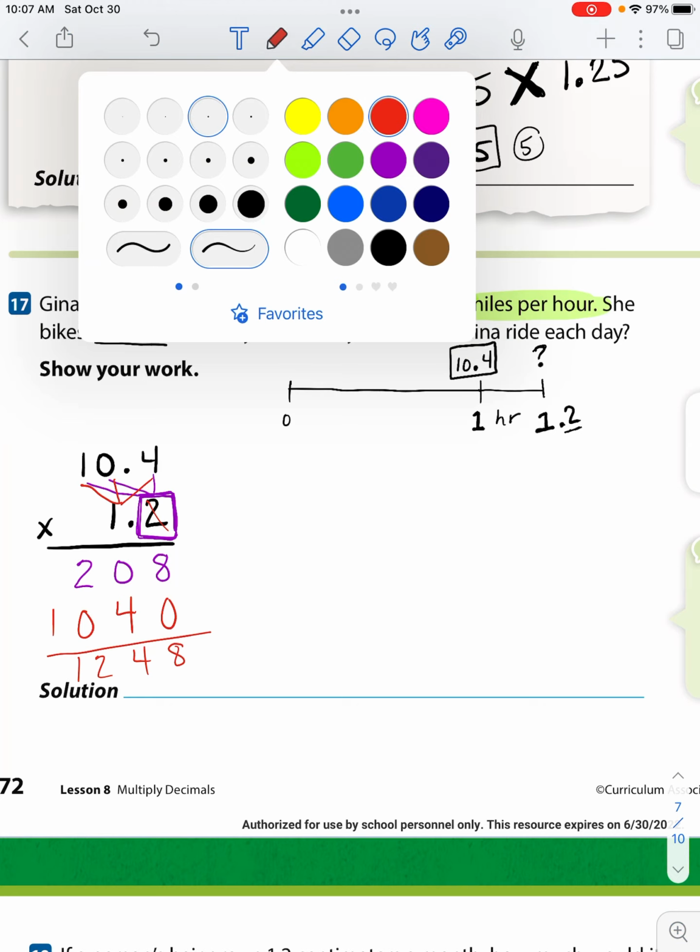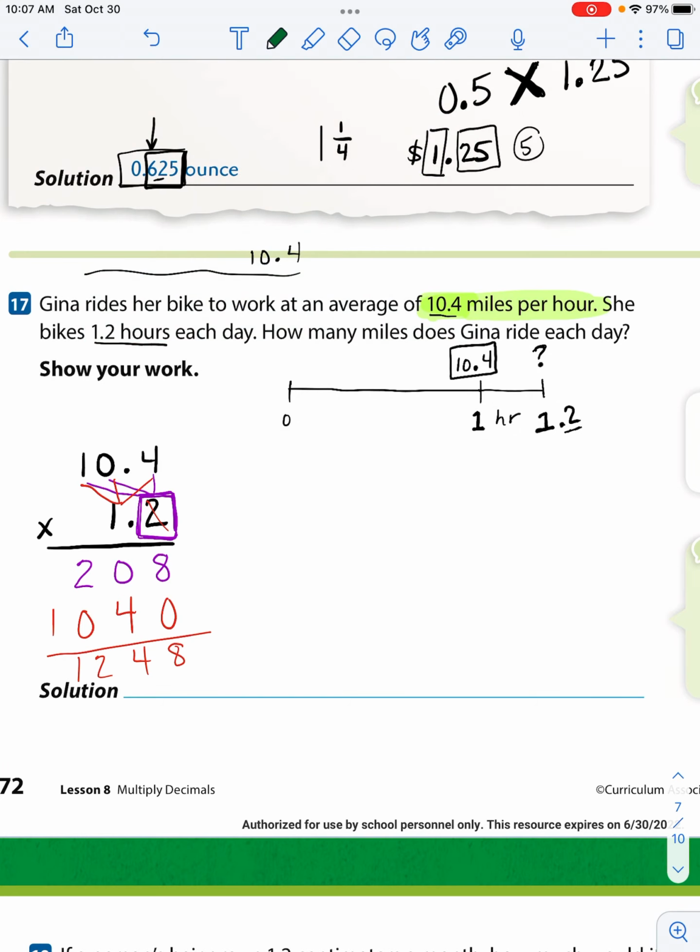Okay, and the old school method, which is super cool, we just count how many places we have to jump to get our decimal to the end on both of these. 1, 2, so we jump back 1, 2. And I see that she rides 12 and 48/100 miles per day.